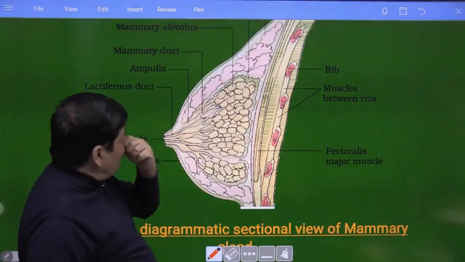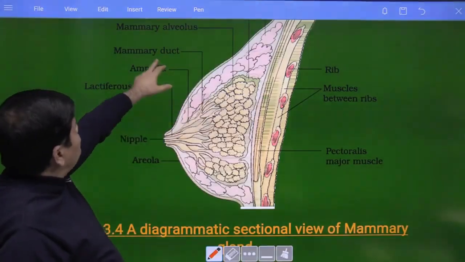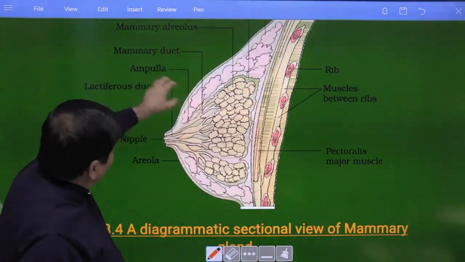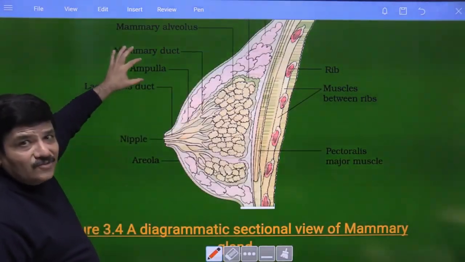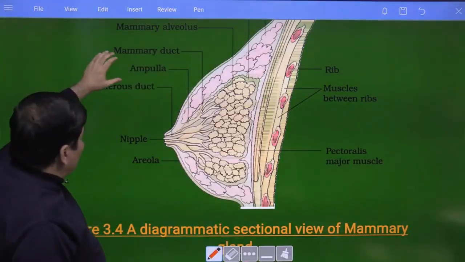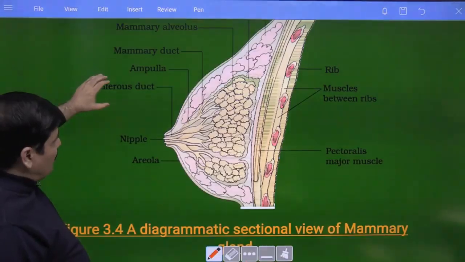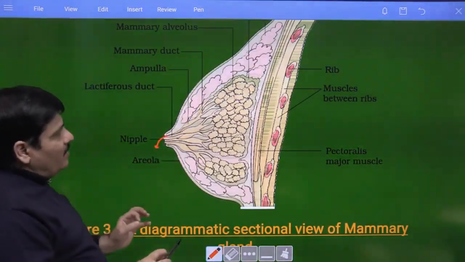The lobes are filled with alveoli, and then these alveoli through the mammary tubules go into the mammary duct. Then some of the mammary ducts join to form again a dilated region that would be called an ampulla. Needless to say, ampulla would be a dilated part, and then some ampullae will join to form what are called lactiferous ducts, and the milk will be ejected from the breast tissue through the lactiferous duct.